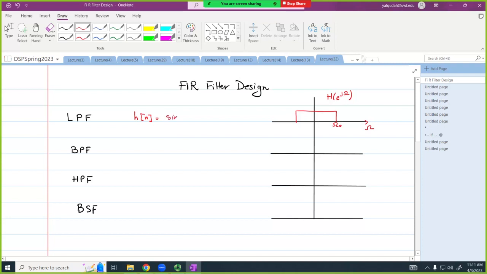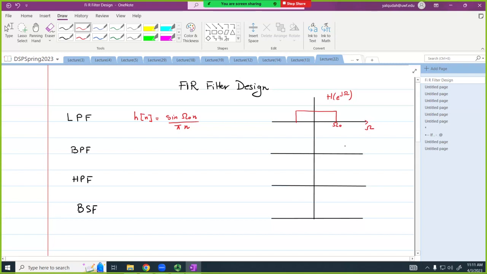So this is going to be sine of omega 0 multiplied by n, divided by pi multiplied by n. So if I have an impulse response that looks like this, then the frequency response of this filter is going to look like an ideal low-pass filter.